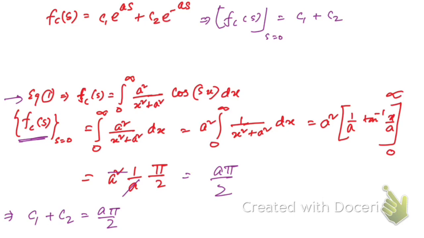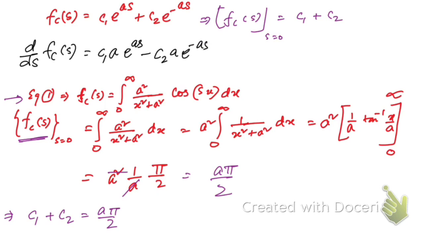Okay, now you see, from this, if you find d/ds of fc of s, and differentiate it, then what should you get? c1 into a e to the power as, and, sorry, not plus, minus c2 a e to the power minus as.